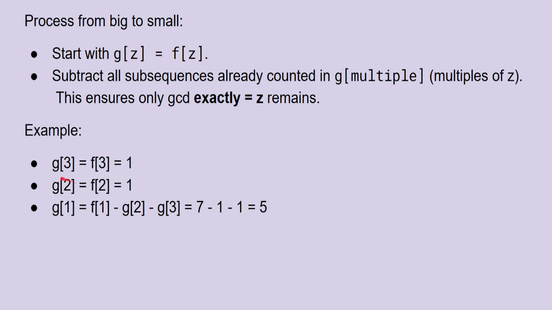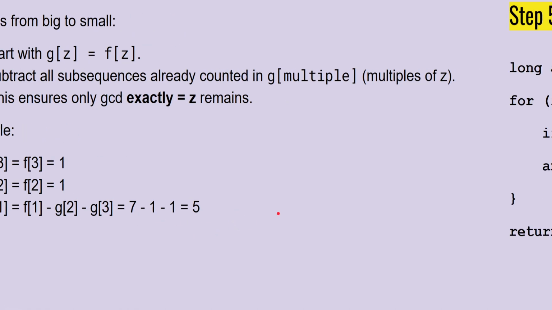We want to subtract all the subsequences which are already counted multiple times. Suppose for GCD 3, g and f both are 1. If we do the subtraction, 7 minus 1 minus 1, we'll get 5.